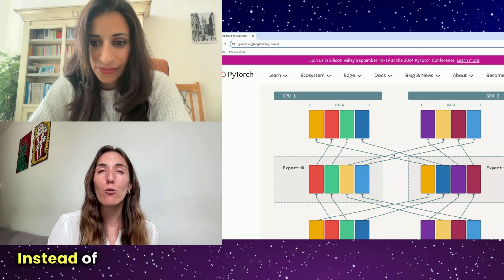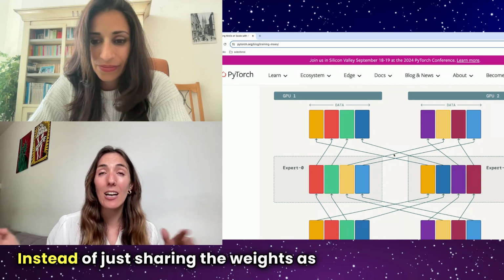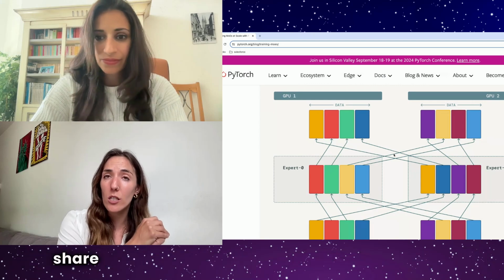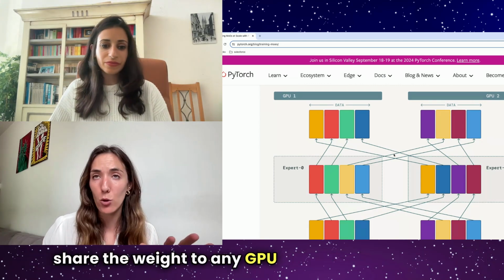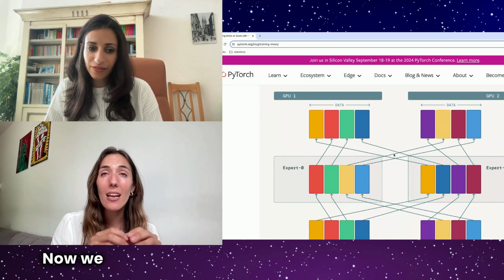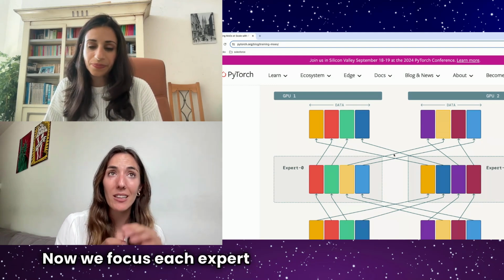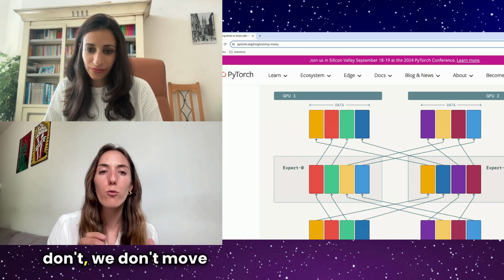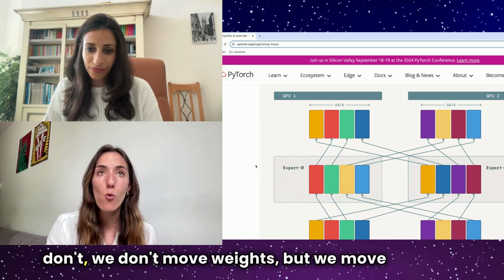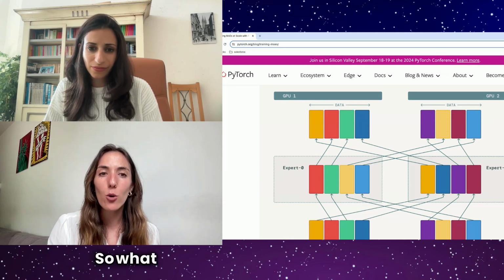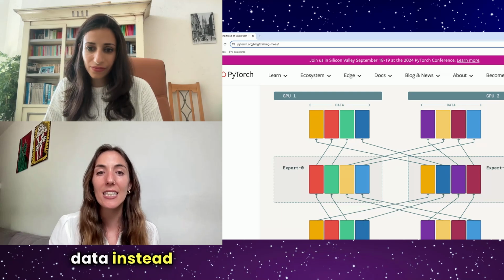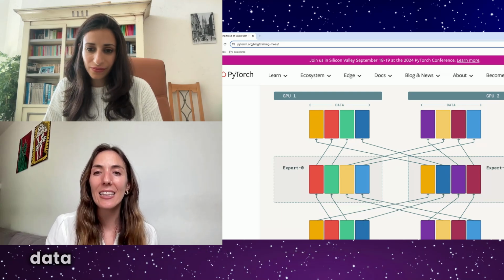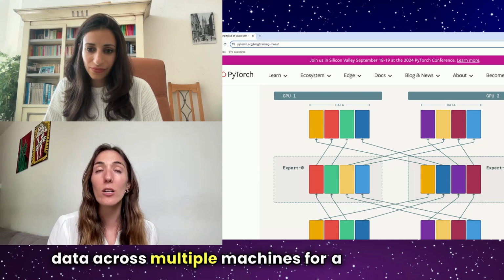Instead of sharing the weights to any GPU we had in the cluster, as we were used to, now we focus each expert on a specific GPU, and we don't move weights, but we move the data. By moving data instead of the weights, we can aggregate data across multiple machines for a single expert.